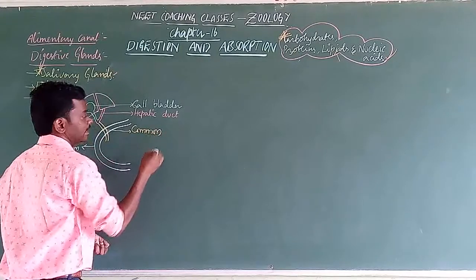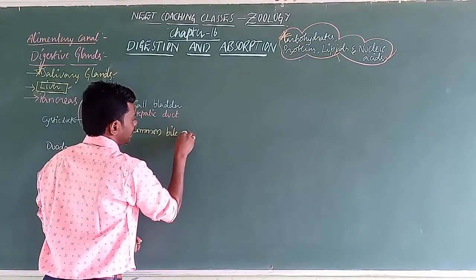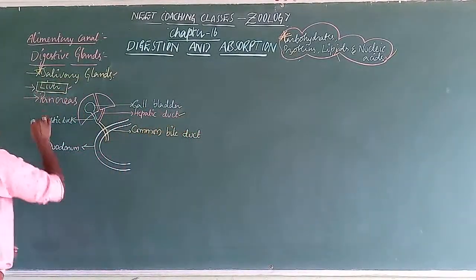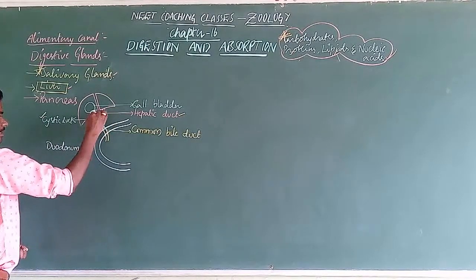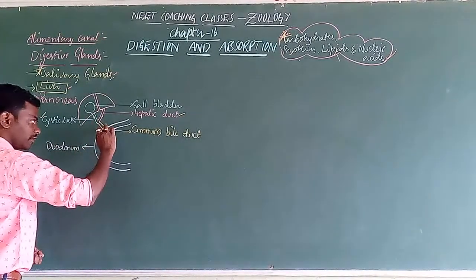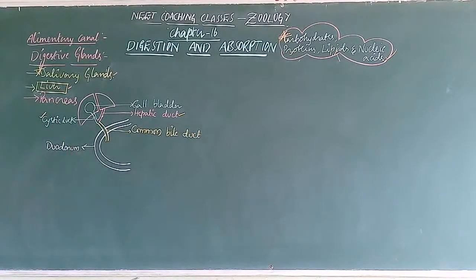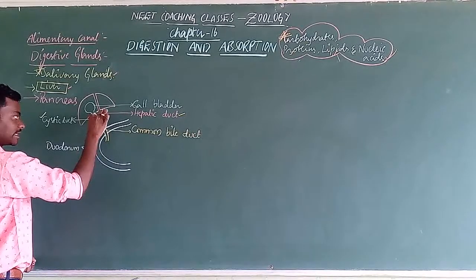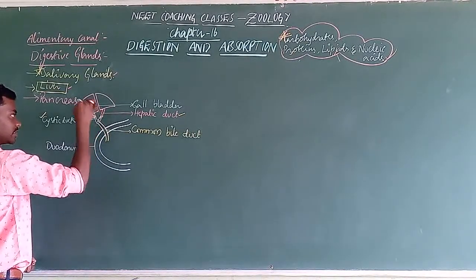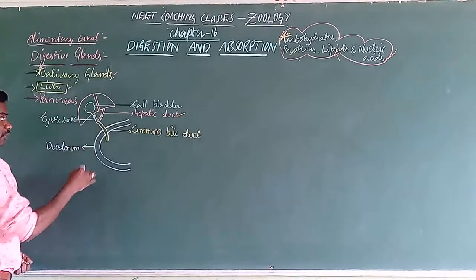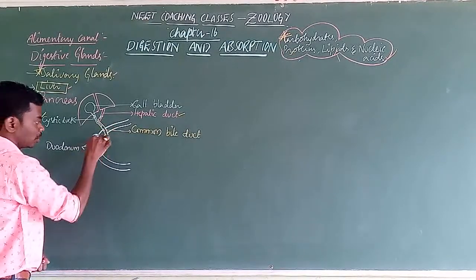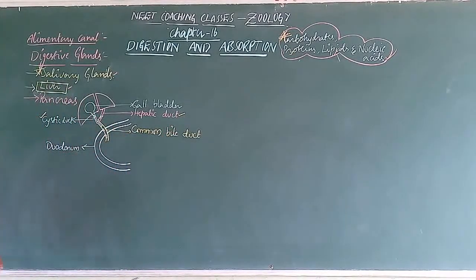The hepatic duct and cystic duct combine together to form a duct called the common bile duct. So the flow of bile juice is from the liver through the hepatic duct, to the gallbladder through the cystic duct, and then to the small intestine through the common bile duct.